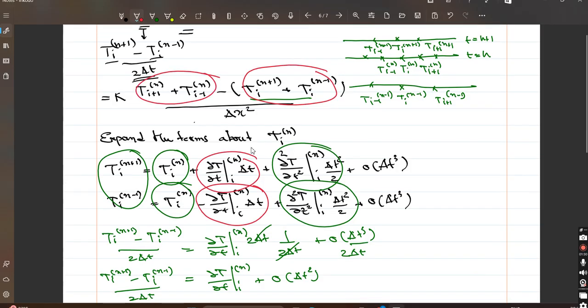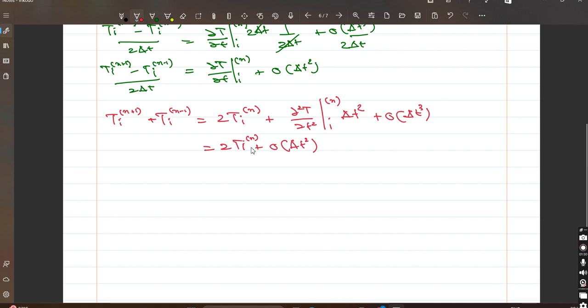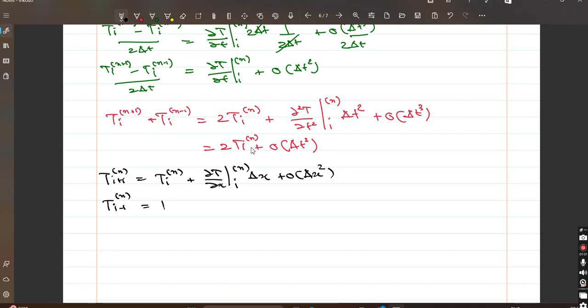Now let's see this term, how it comes up. So again, T_(i+1) at n is nothing but T_i at n plus the partial derivative of T with respect to x at i at n times delta x plus order of delta x squared. Similarly, T_(i-1) at n minus the partial derivative of T with respect to x at i at n times delta x plus order of delta x squared.